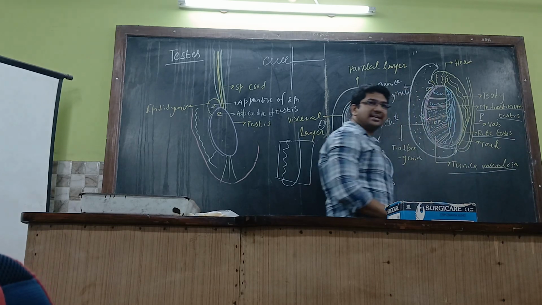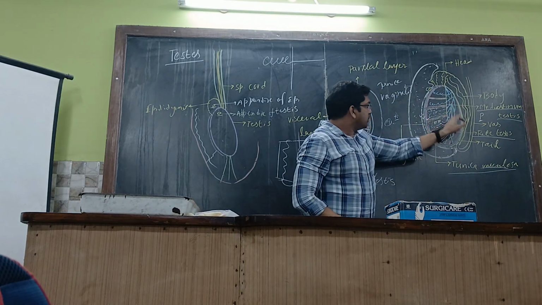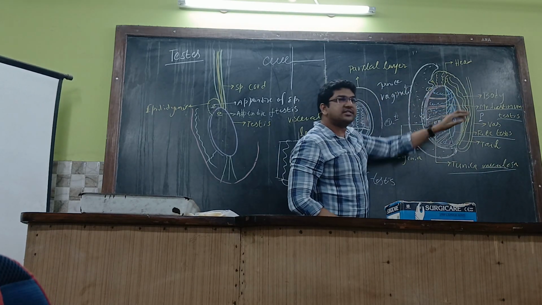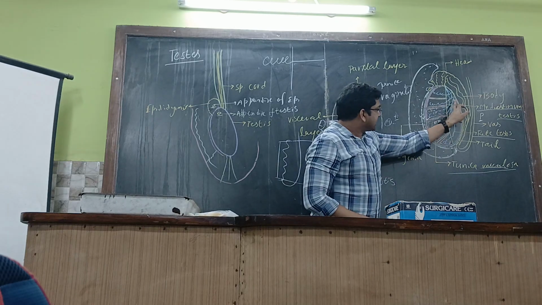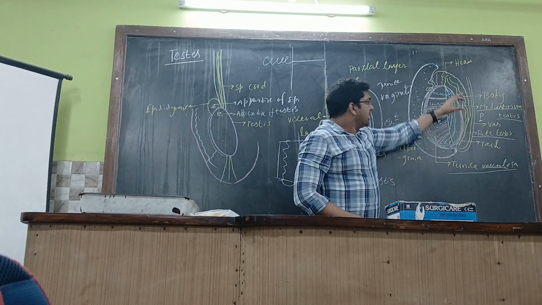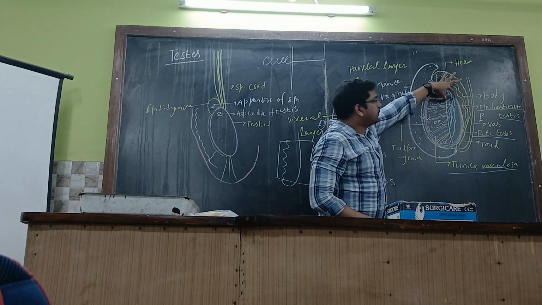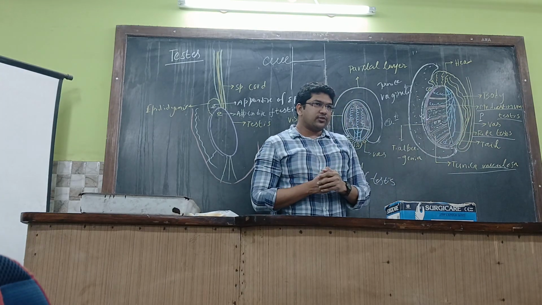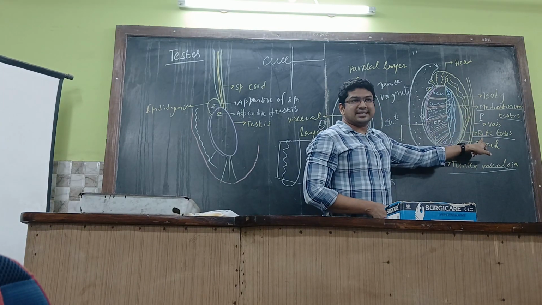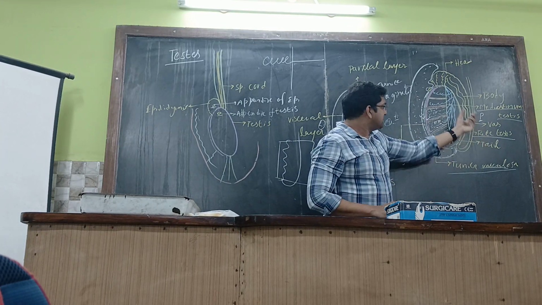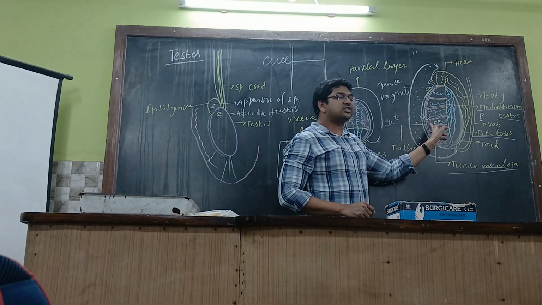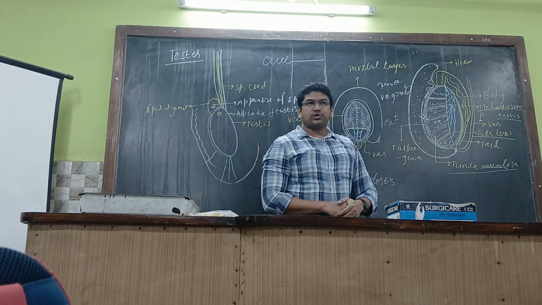Rete testis means network of tubules. All these tubules from each and every seminiferous tubule will be connected to each other, forming a network of tubules. That network of tubules is termed as rete testis. Getting it down? Rete testis means network of tubules, nothing but the straight parts of the seminiferous tubules.